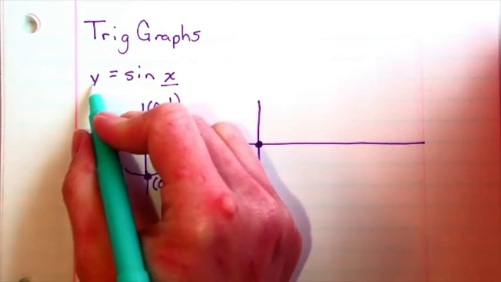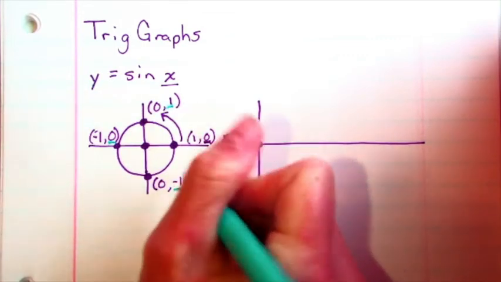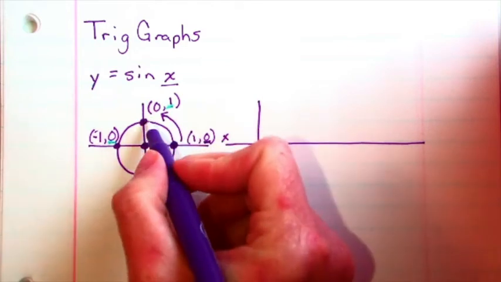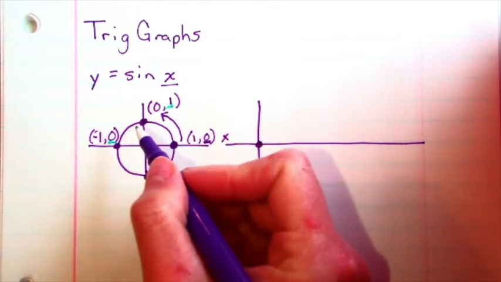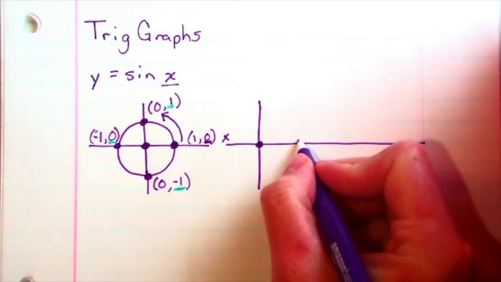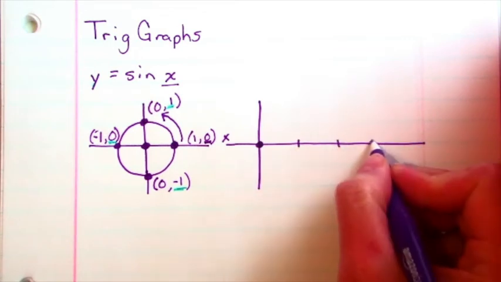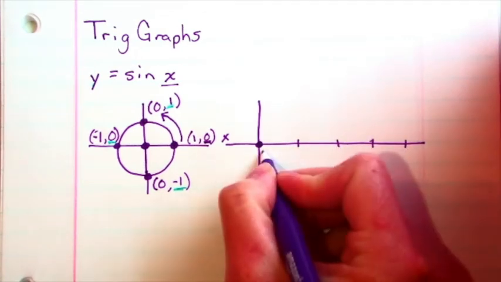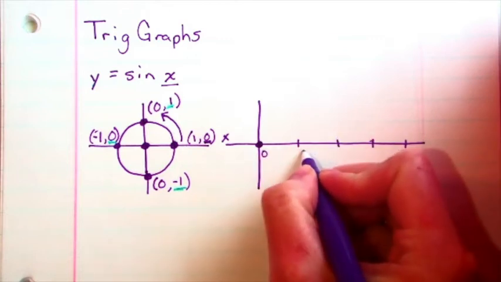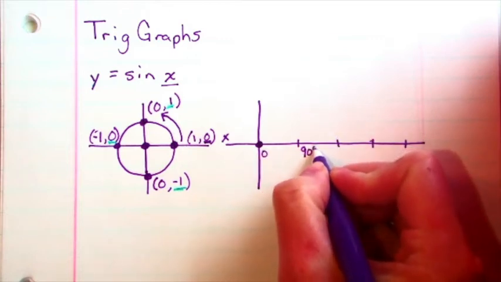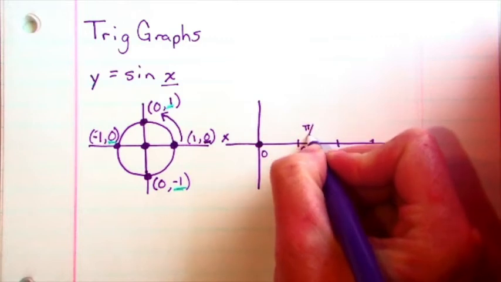So it works out really well that that's the y value in this case too. So this is at 90 degrees. And we can do this in degrees or we can do it in radians. So this is 0. This is 90 degrees, or pi over 2.